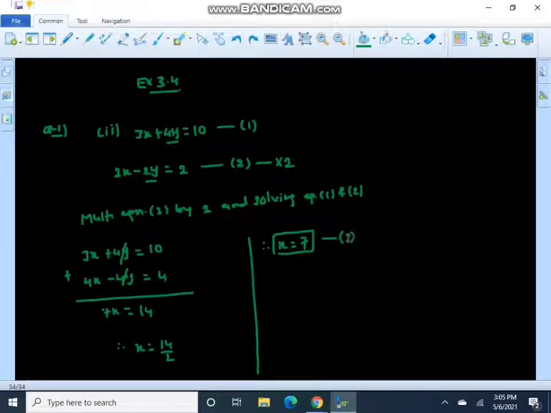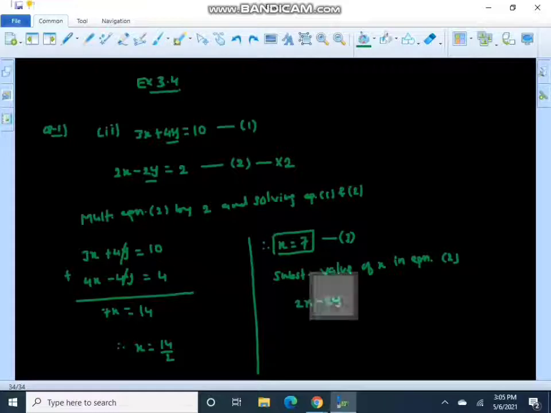Okay, now this value of x we can substitute in any of the two equations, 1 or 2, any one. Yes or no? Now substituting value of x in, say, equation 2 we are substituting. Okay, what is equation 2? 2x minus 2y is equal to 2. This is equation 2.